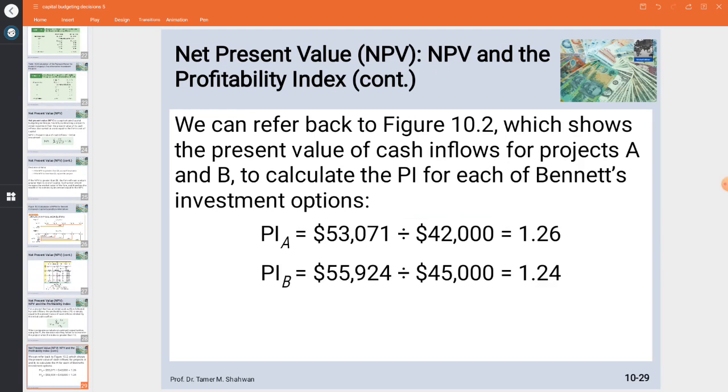And then we have the PI of B. This is equal to the PV of cash inflows divided by the PV of cash outflows. This will equal 1.24. As you see, both of them are greater than 1. In this case, we could accept both project A and B.